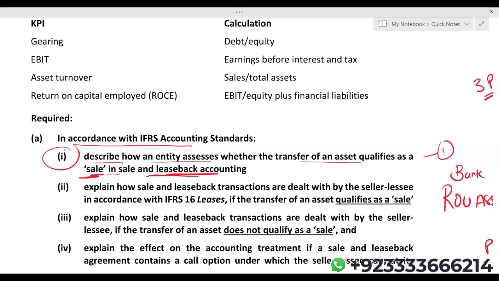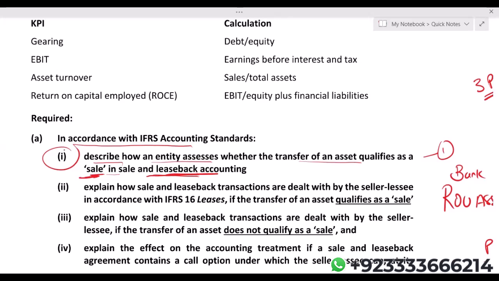It's very simple. Number one, we have to use the guidance of IFRS 15, revenue from contracts with customers, when the seller has fulfilled its obligations, that is, when the seller has fulfilled the performance obligation.